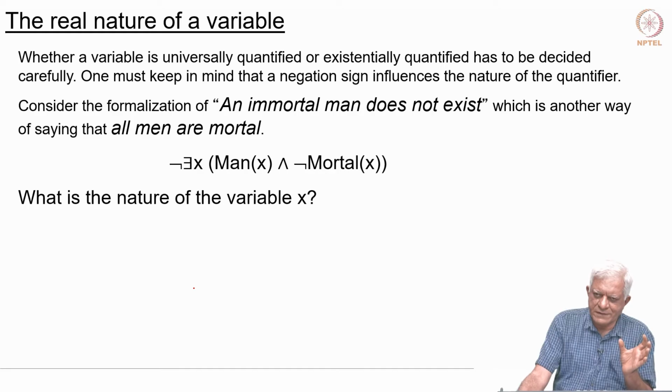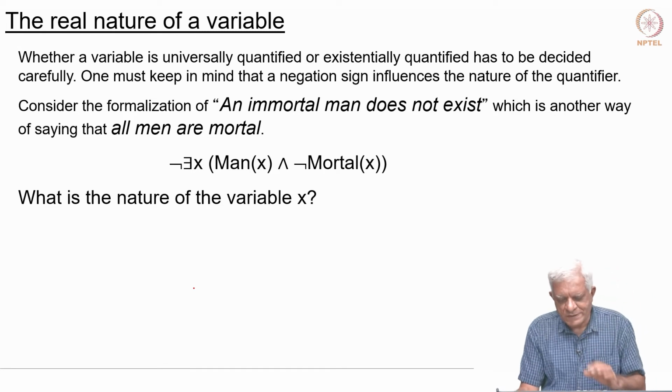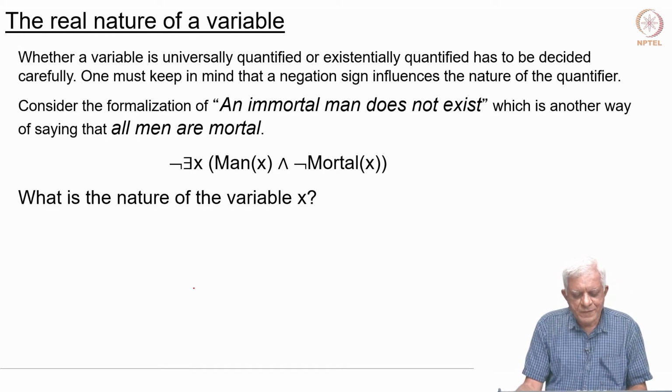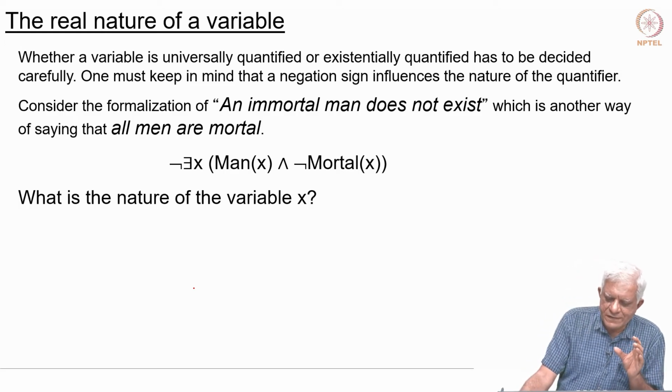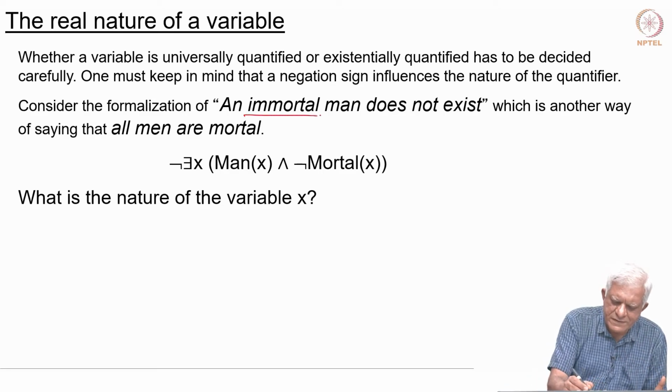So, when you say all men are mortal, the negation of that is no man is... the negation of that is there exists some man who is not mortal. So, when we want to say that an immortal man does not exist, immortal we will treat as not mortal essentially.